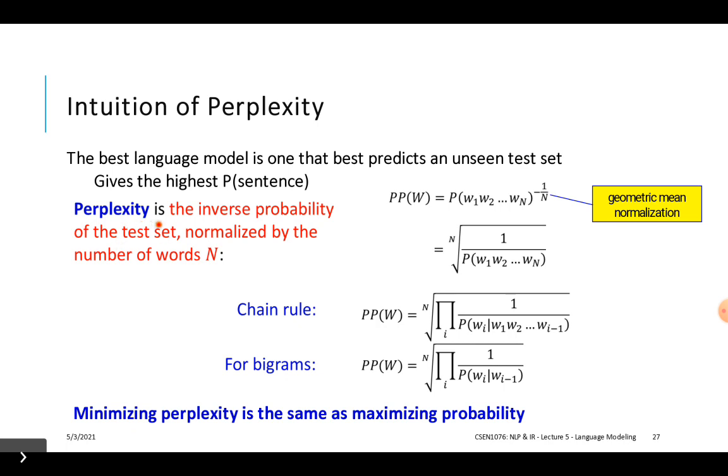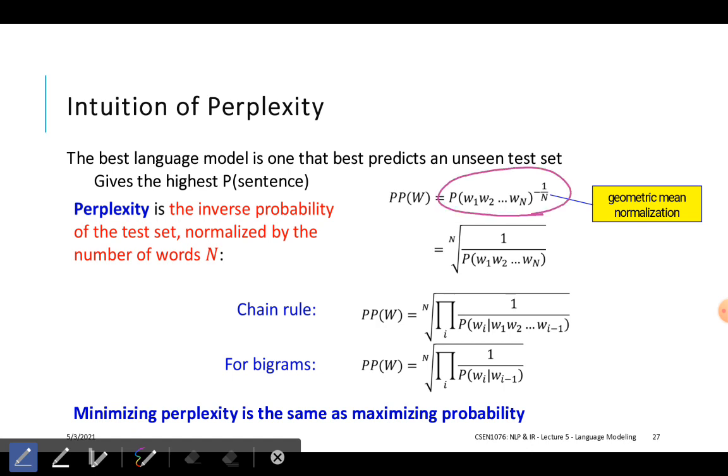Perplexity is essentially the inverse probability of the test set, normalized by the number of words that appear in the test set. So here we have the probability of the test set. This is the probability as we know it. This is a sentence, so this is the probability of the sentence.